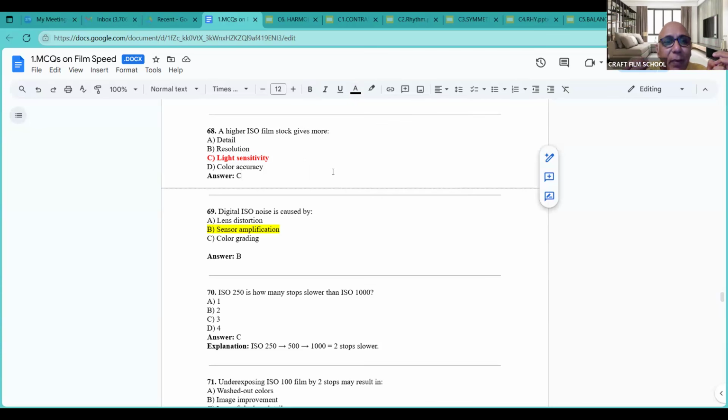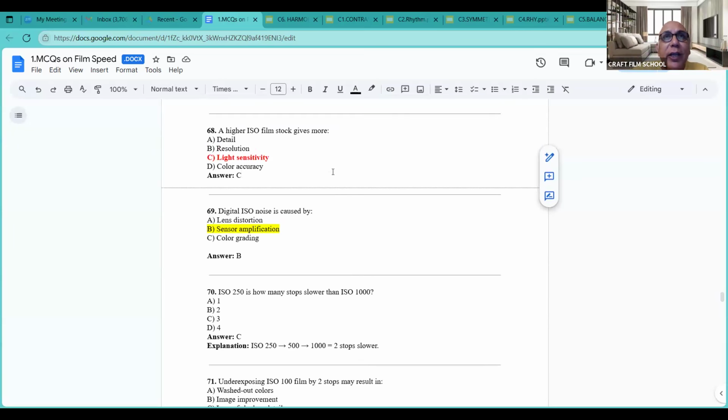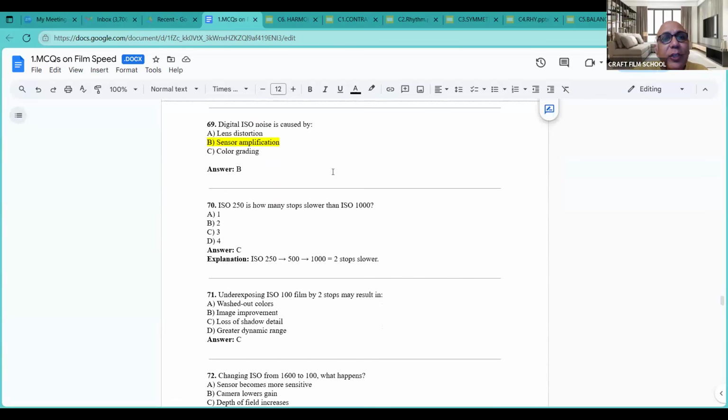So exact colors are not there if you are shooting with high sensitivity film. That is one of the reasons why we avoid going to 800 ASA or 1600 ASA, because the color accuracy is missing. ISO digital noise is caused by, I told you, sensor amplification. This is a technical term you have to remember.